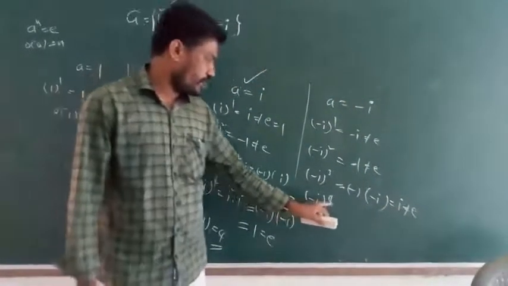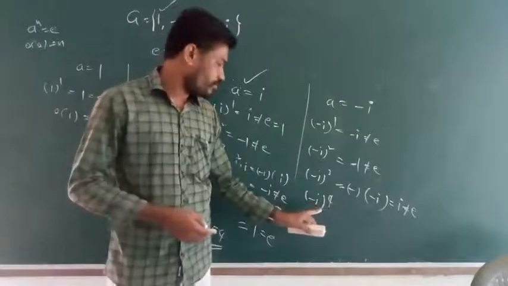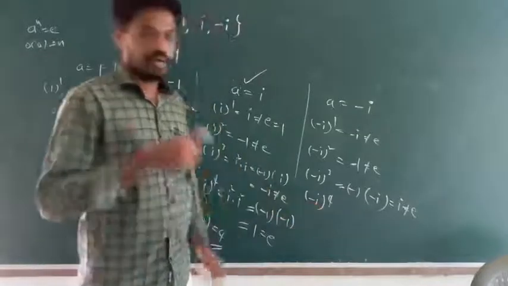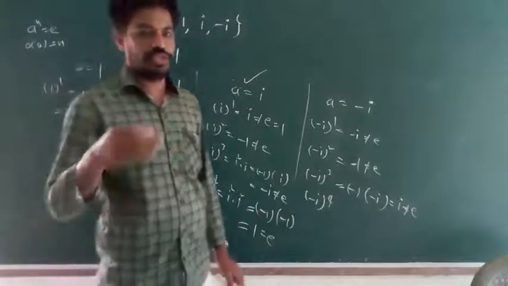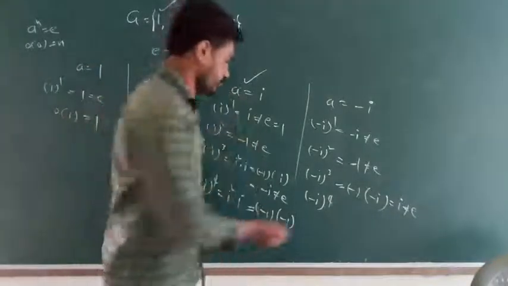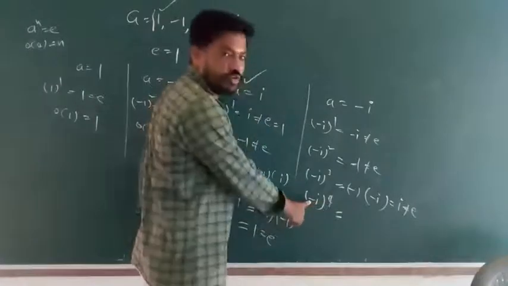So lastly, substitute n equal to 4. (-i)^4 means (-i) into (-i), and so on. Minus into minus is plus, so a minus to the power of 4 means positive.